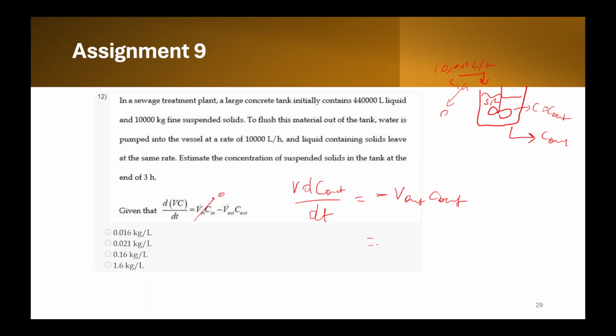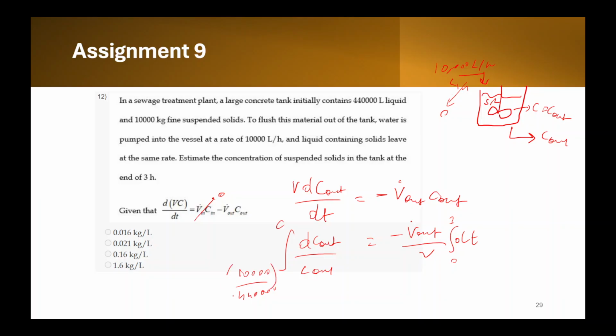So if you integrate that, minus V dot out upon V into dt from 0 to 3 hours and dC out upon C out. We know the initial concentration inside the tank is basically 10,000 upon 4,40,000.